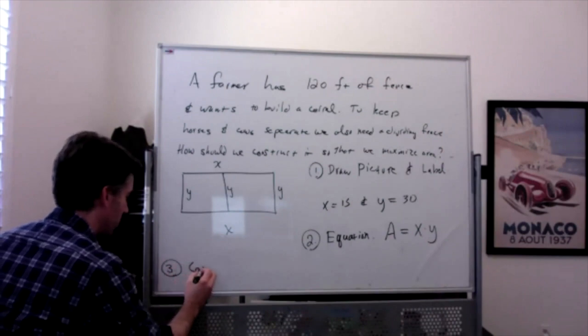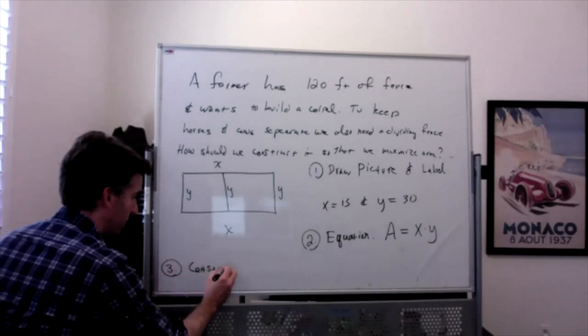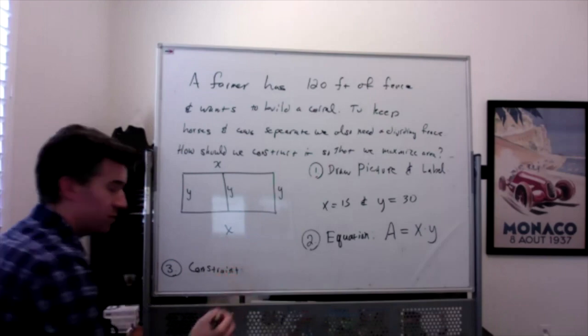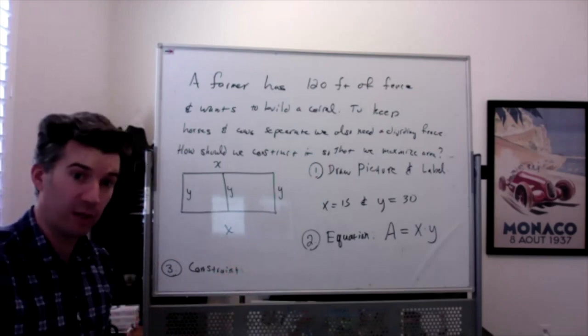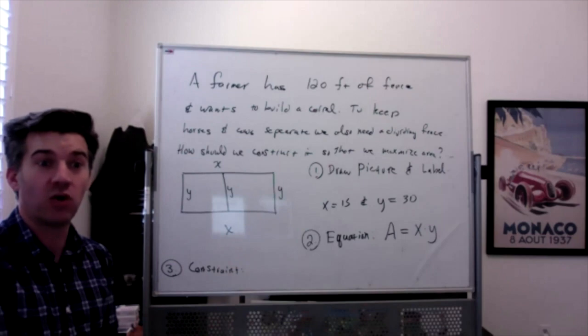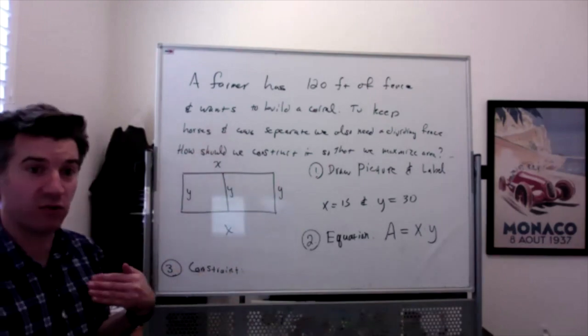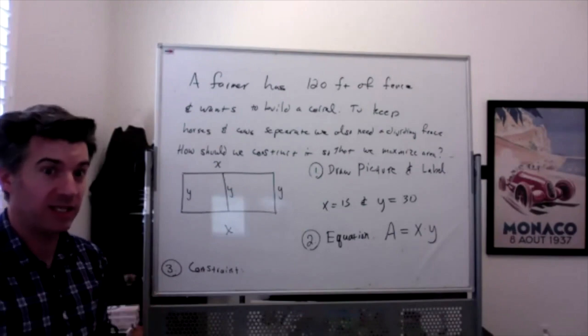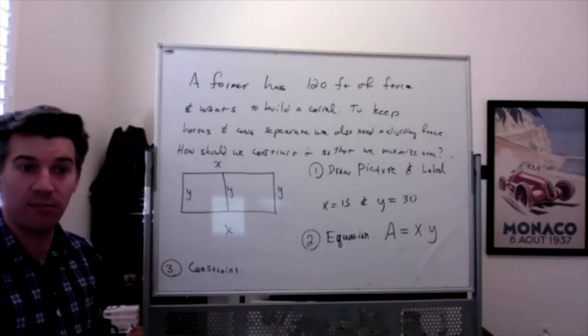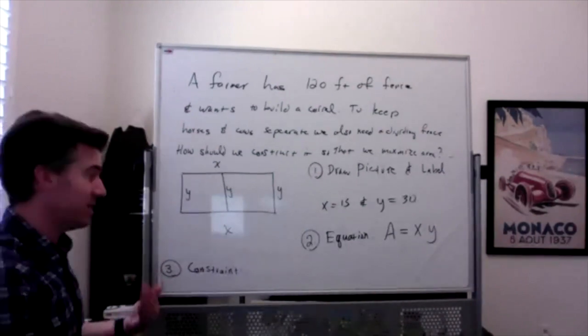Typically, with optimization problems, there's some sort of constraining piece of information. It says we only have so much stuff. In this case, it's that we only have 120 feet of fence. So I need to write an equation expressing that.